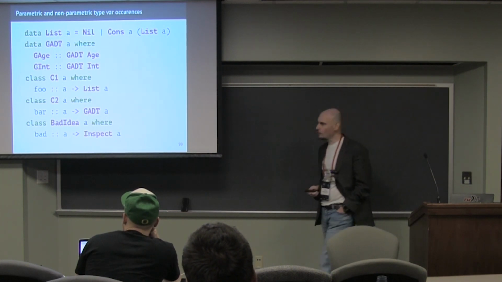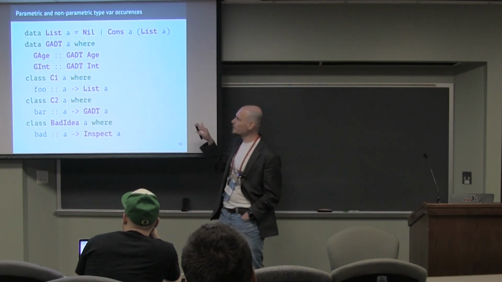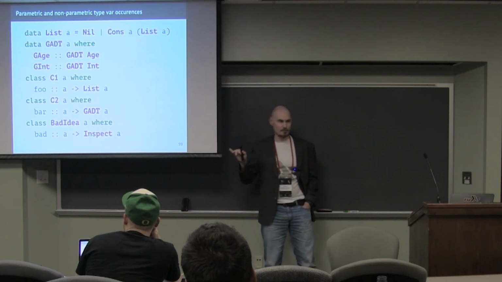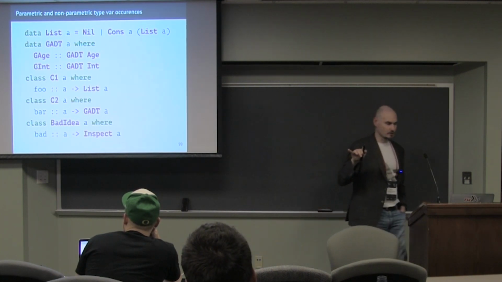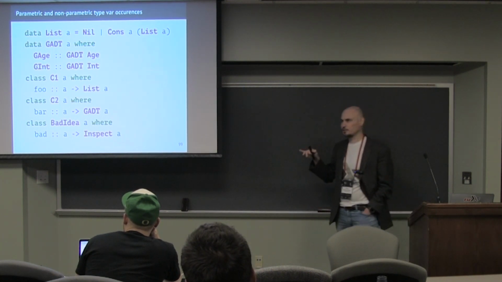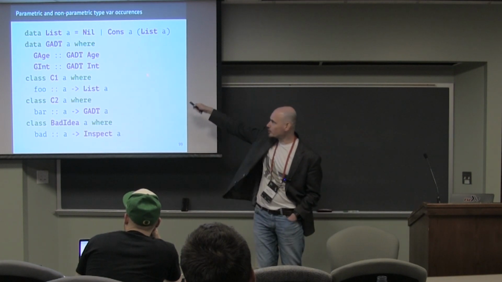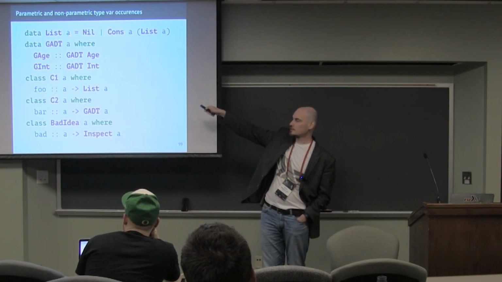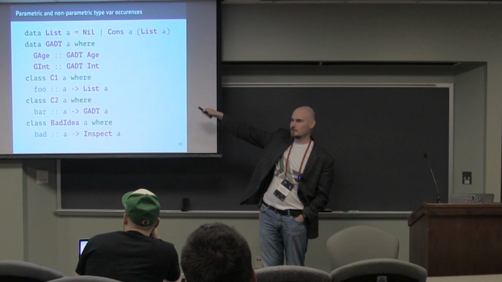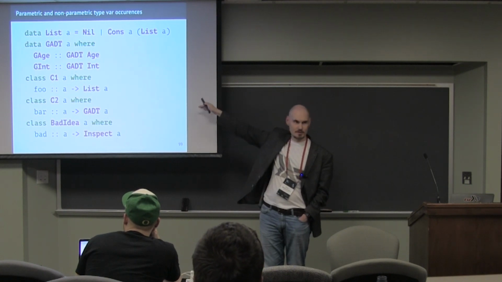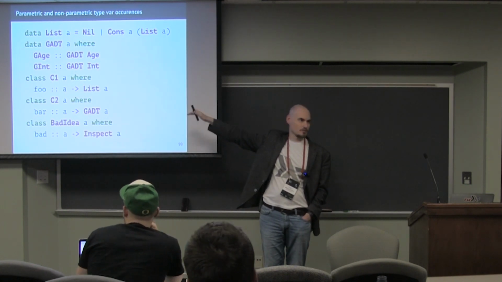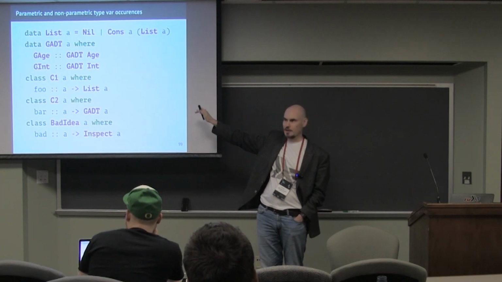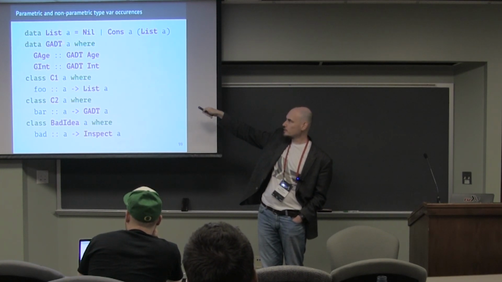So let's go over this definition. Let's try to find out by example whether this occurrence of type variable is parametric or non-parametric. So what do you think about this A here? Is it parametric or non-parametric? It's really parametric because we're not doing anything with this A. What about this one?